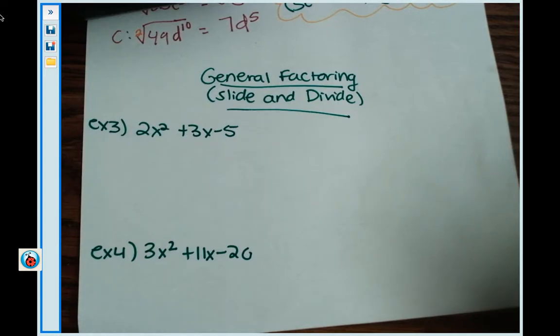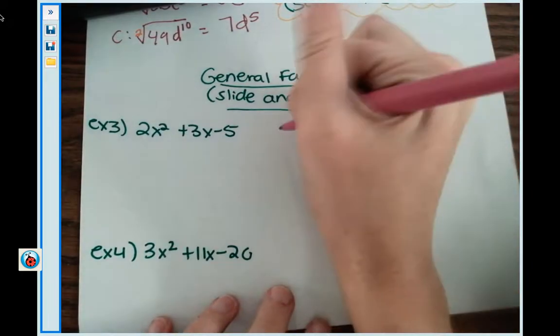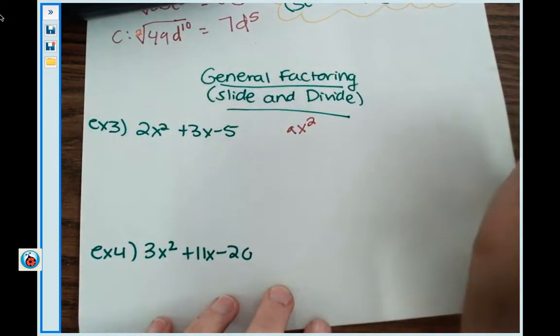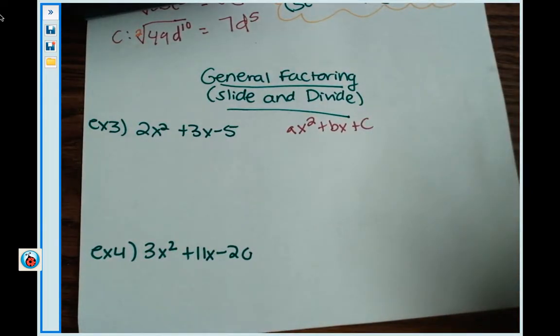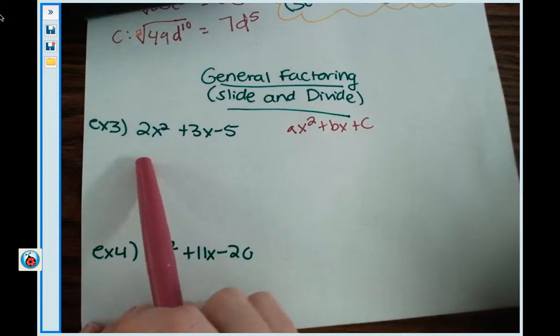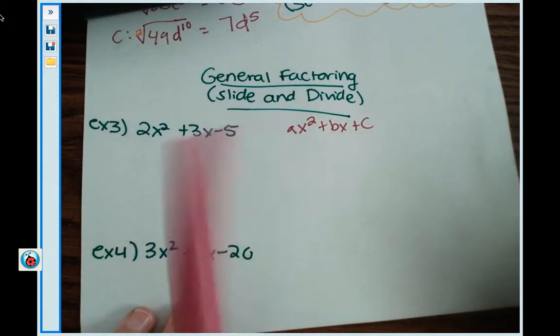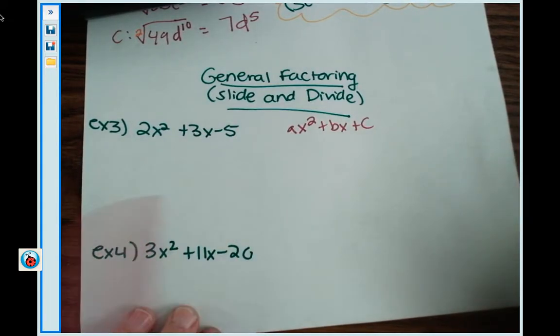First of all, I need to know what the A, B, and C are, which in standard form, we have ax squared plus bx plus c. This is the standard form of a quadratic. Now, we know to use general factoring because I have 3 terms. If you have 3 terms, general factoring is the only kind of factoring you can do.